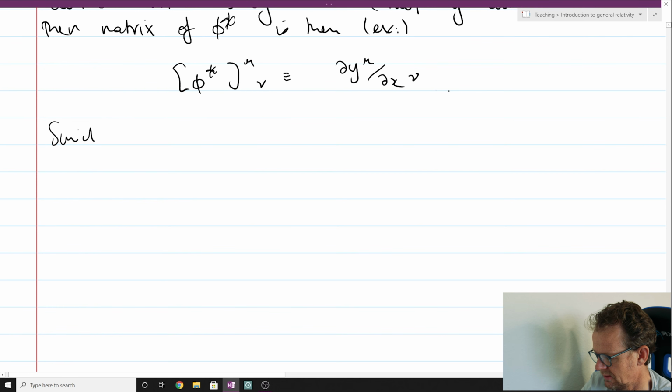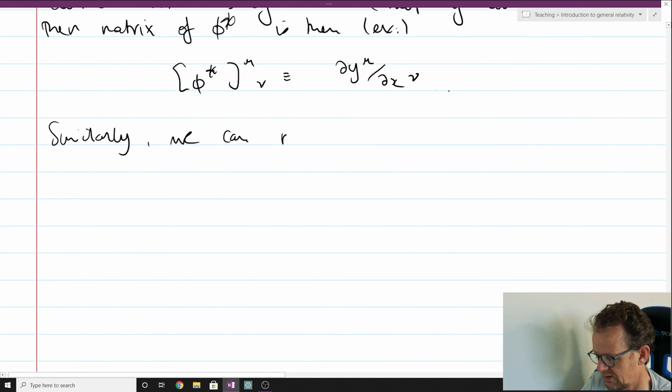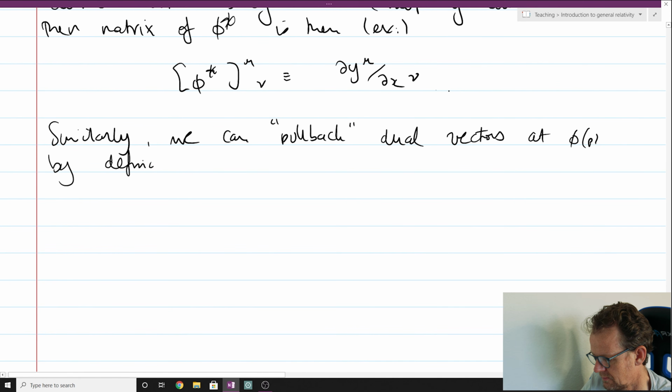Now similarly, we've got it for vectors, we can immediately start deducing things for covectors or dual vectors by the same argument. So we can pull back dual vectors at phi(p), by defining the following linear map going from dual vector spaces V_phi(p)^* to V_p^*.